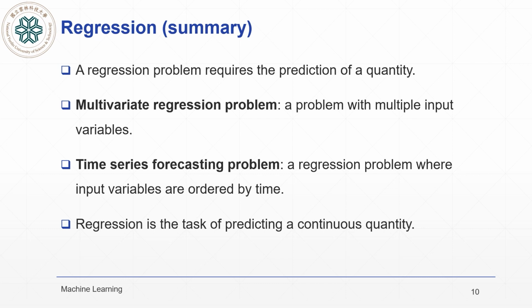If we ask you to do some time series forecasting, you have the input variables, but the input variables are ordered by time. And if we ask you to do a multivariate regression problem, you have multiple input variables. Regression is the task of predicting a continuous quantity. This is the summary of regression.